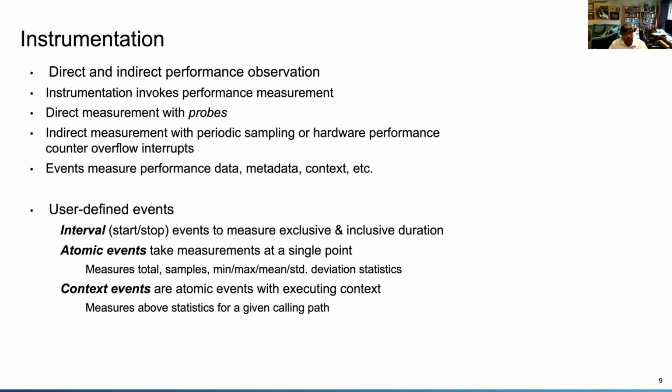It could be the message size sent by a process. It could be an atomic event or a context event, which shows you which function was executing in a call stack when that event was triggered.